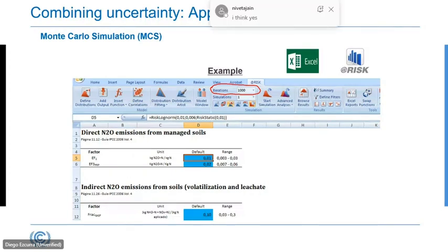Just to make it clear, @Risk is the one I used and have more experience with, but there are a lot of different commercial software packages that can be used. So if you are interested in acquiring commercial software, just research the available software and ask for a quotation, how much it costs and everything like that, because there are a lot of alternatives.